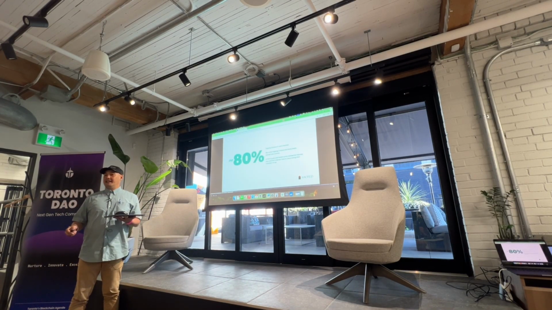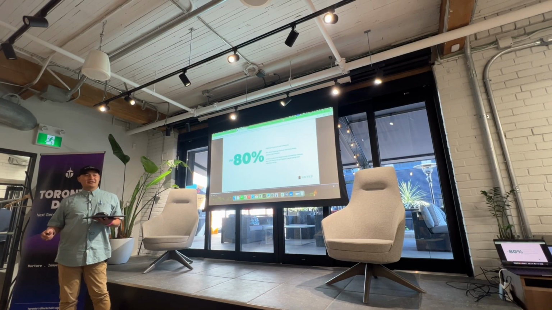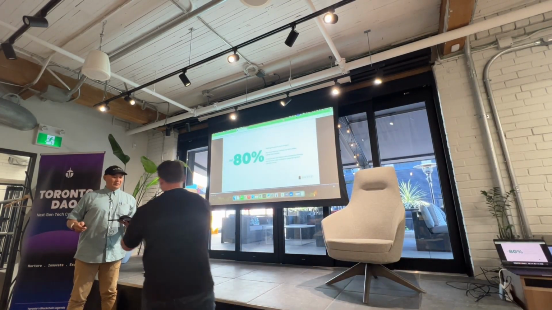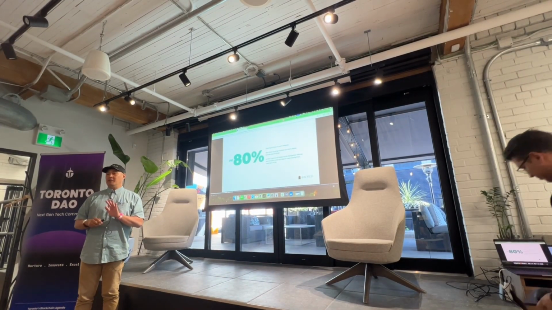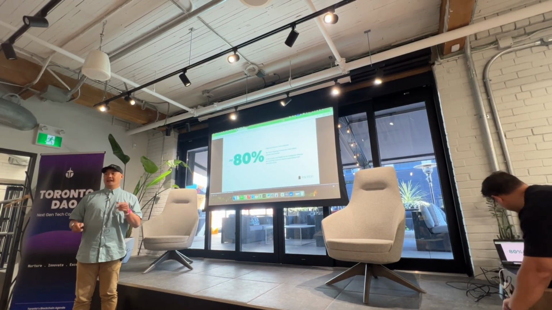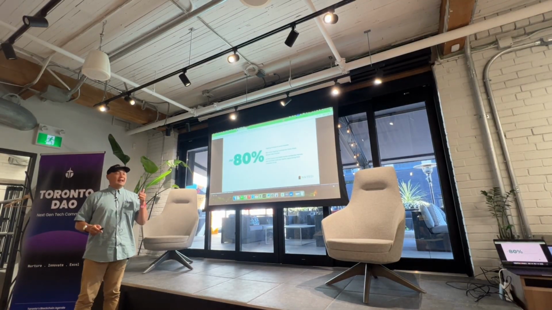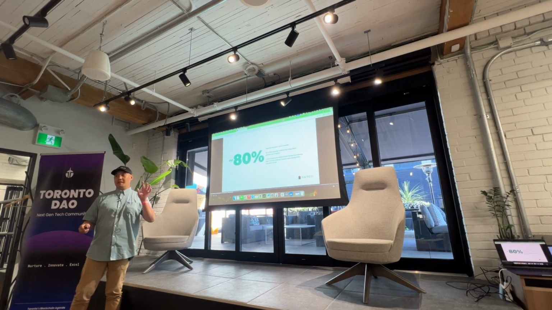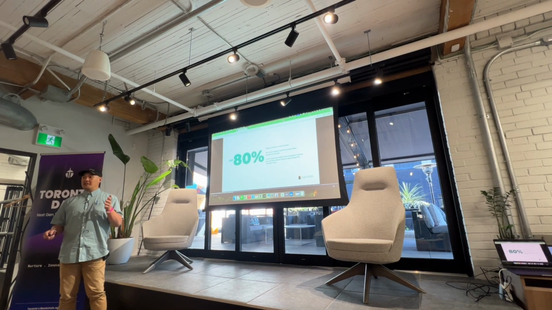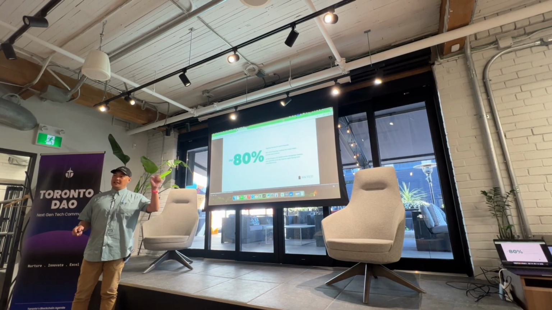80% of transactions on Web3, nobody tries again after the first attempt. 80% of countries around the world are geo-blocked. So if you're seeing content from, let's say, Nigeria, you cannot tip content in the UK.